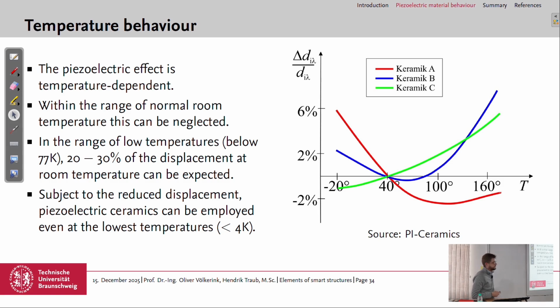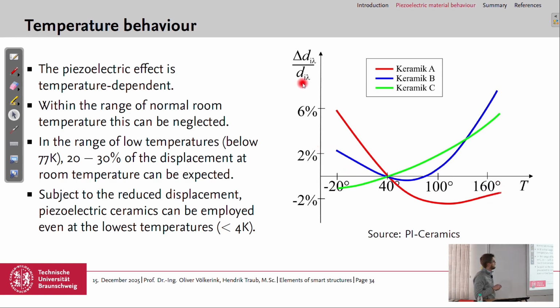Then we also have temperature-dependent behavior. We here have from a supplier, PI Ceramics, different ceramic materials, A, B, and C. And we have it here in a diagram from -20 degrees Celsius up to 160 degrees Celsius.